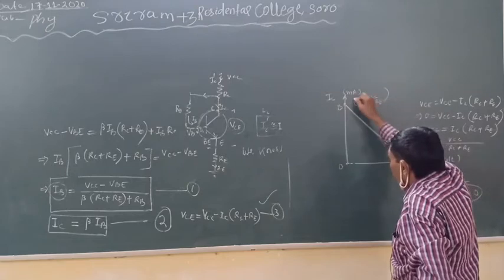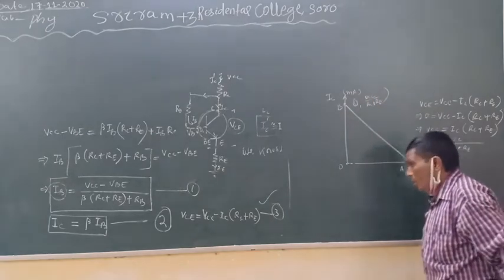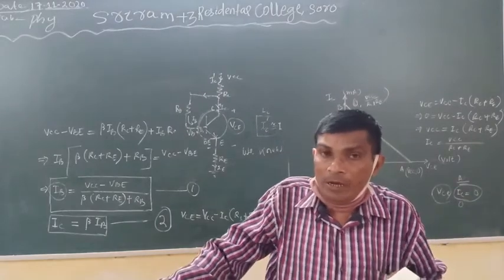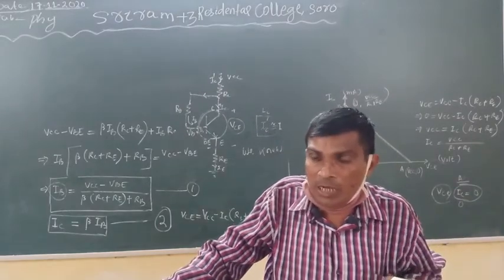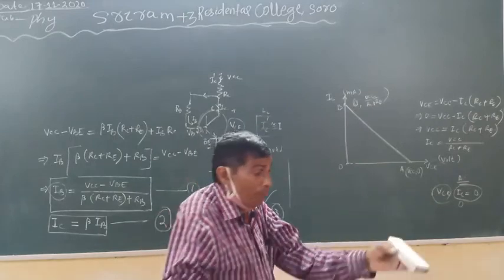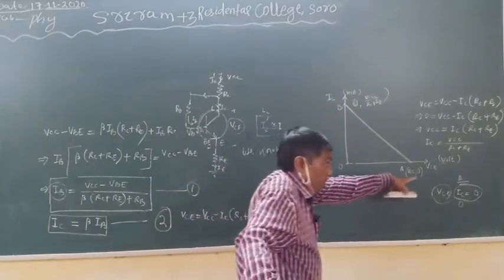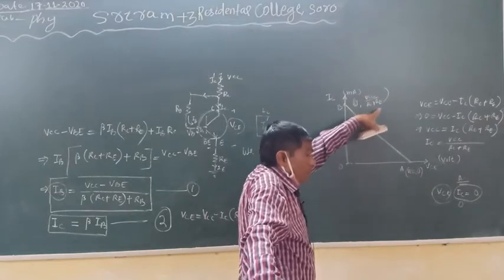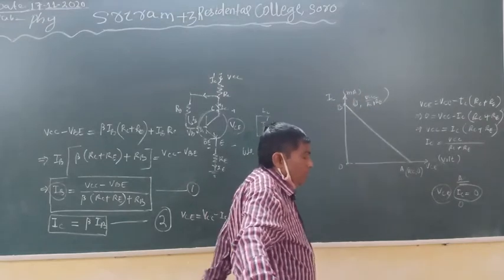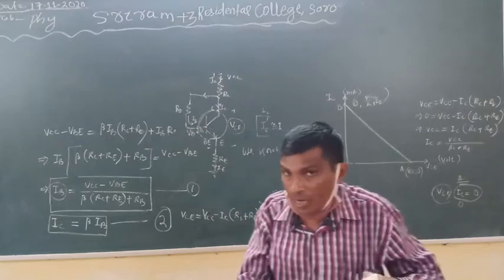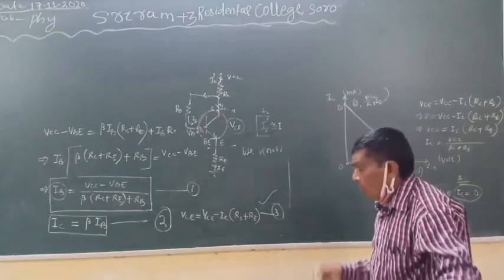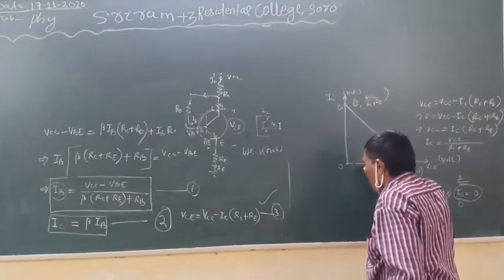So that is the geometrical point represented as point B, and the other geometrical point is point A. Point A is VCC, 0, and point B is 0, VCC divided by RC plus RE. Now we draw the transistor characteristic curve.